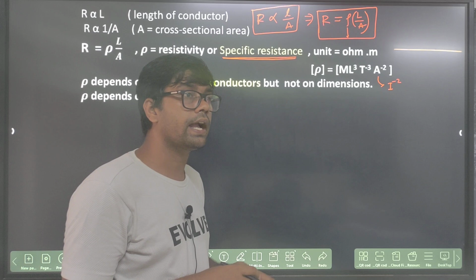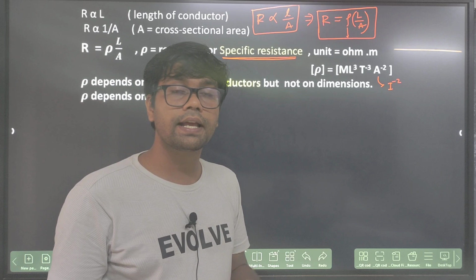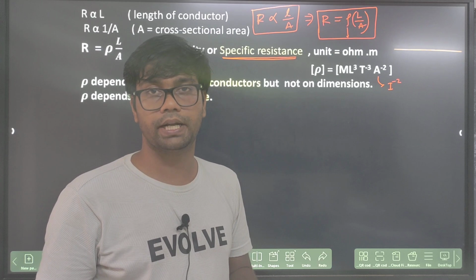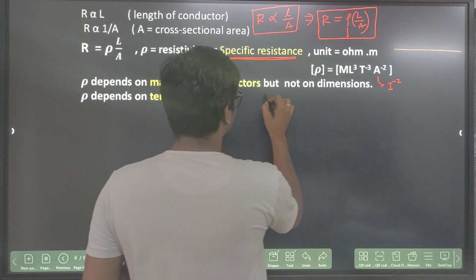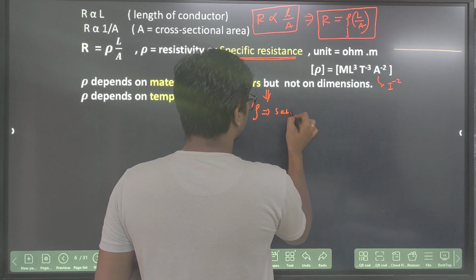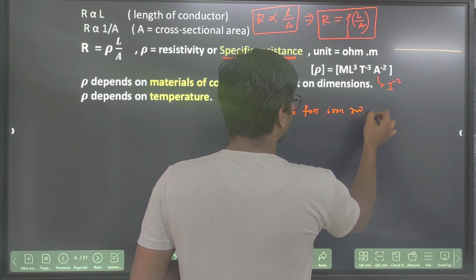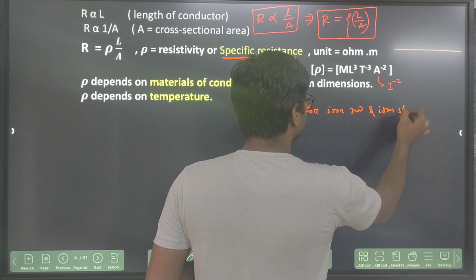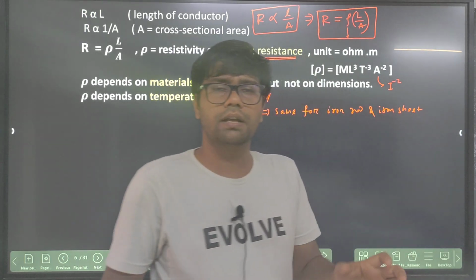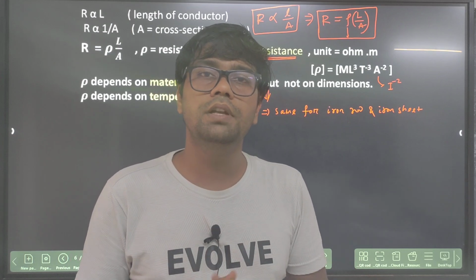That means if you take an iron rod, an iron sheet, or an iron rectangle, whatever you take, the resistivity will be the same for that material. So resistivity is the same for iron rod and iron sheet, or whatever you take, for iron this resistivity will be the same.